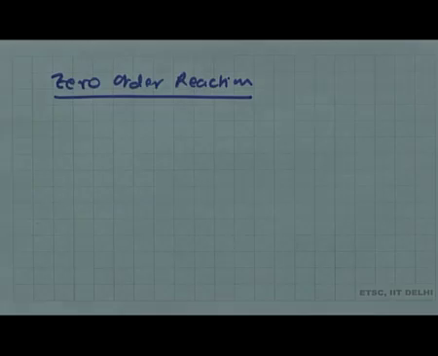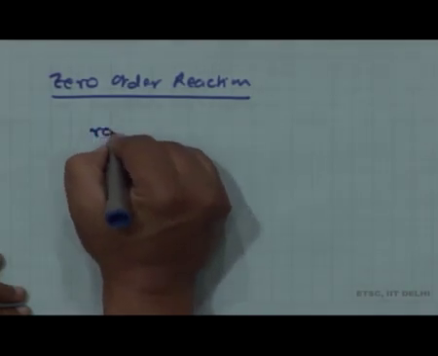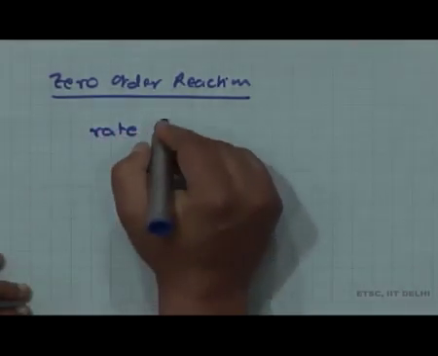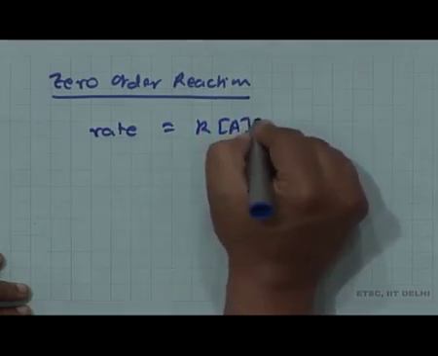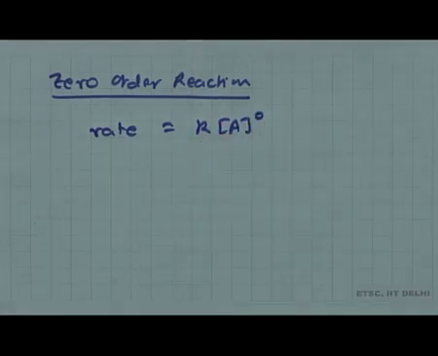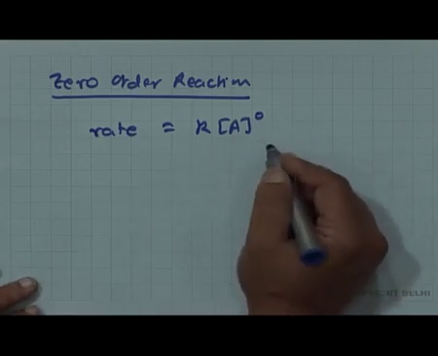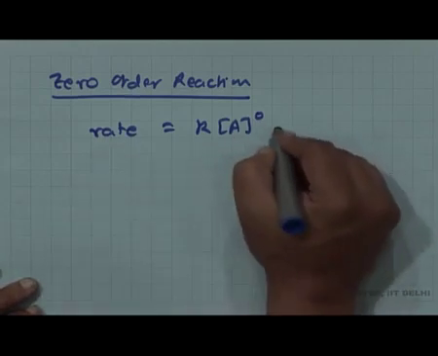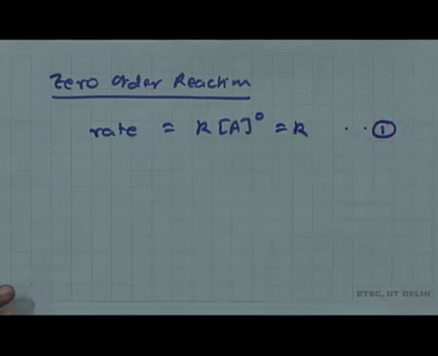As per the definition of the 0 order reaction, the rate of the reaction is equal to K times the concentration of the reactant A raised to the power 0. Anything raised to the power 0 is equal to 1, therefore, rate is equal to K. Let this be equation 1.